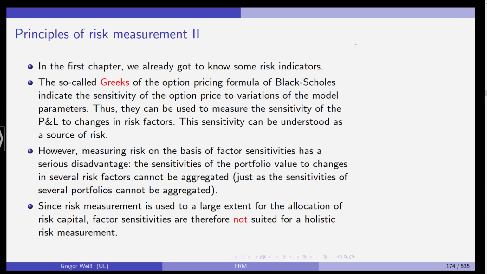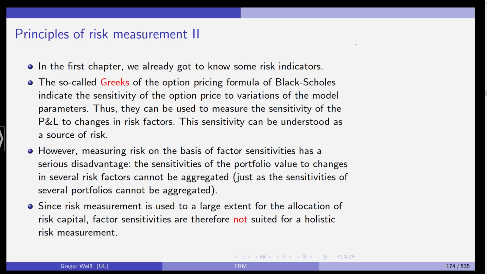We've actually seen some of these risk indicators, some risk measures or risk metrics before. For example, the so-called Greeks from the Black-Scholes option pricing model could be interpreted as a kind of risk metric, because in the end, these Greeks measure the sensitivity of the option price to various input parameters, in other words, the elementary risk factors.